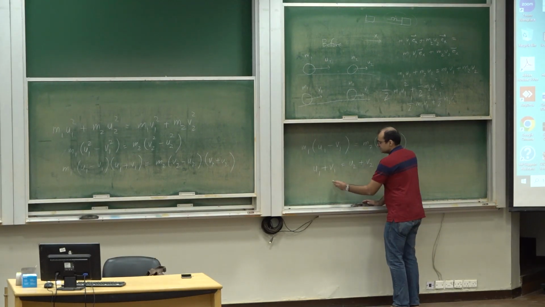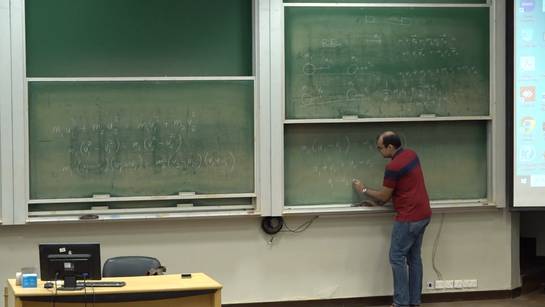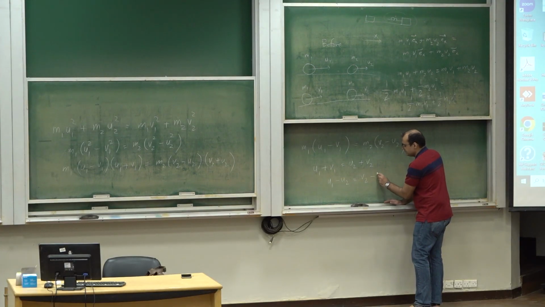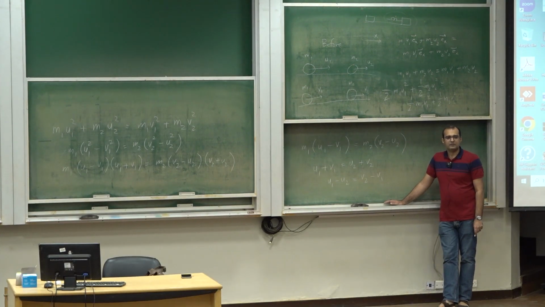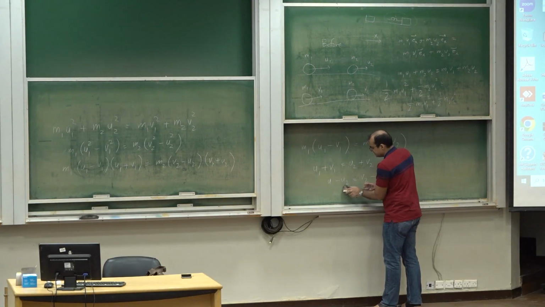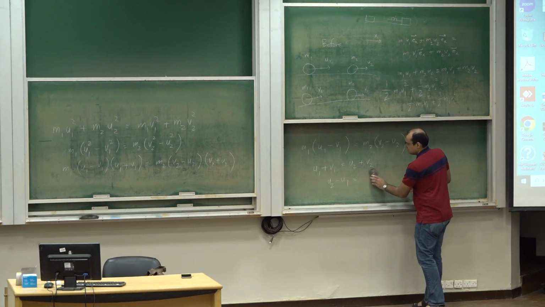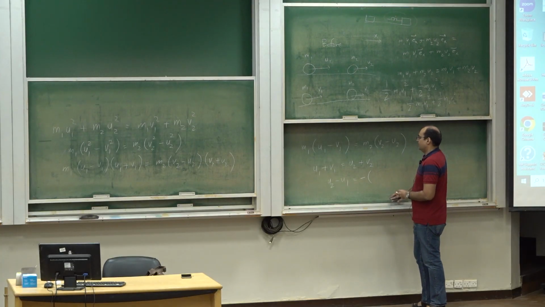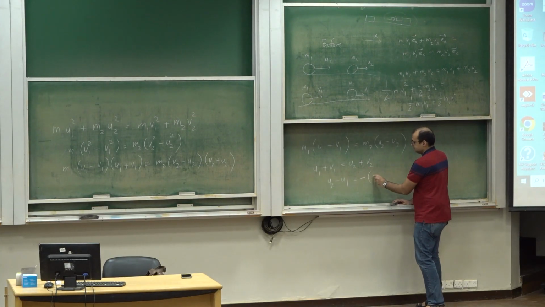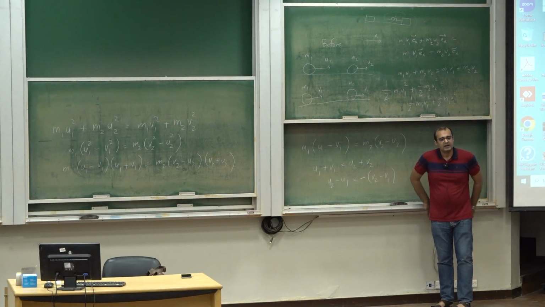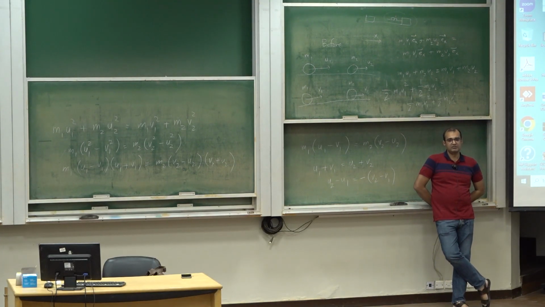Physically, what is this thing telling you? Physically, this is telling you that u1 minus u2 equals v2 minus v1. Or in other words, let me write it in the opposite way: u2 minus u1 equals minus (v2 minus v1).